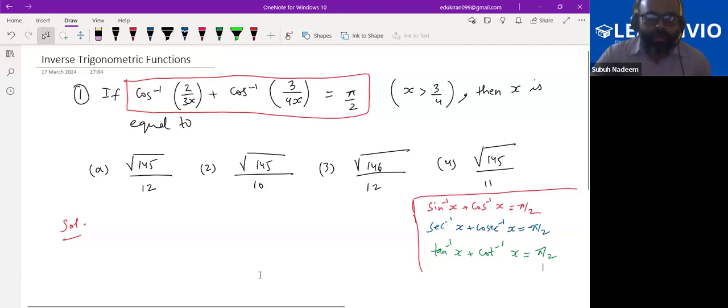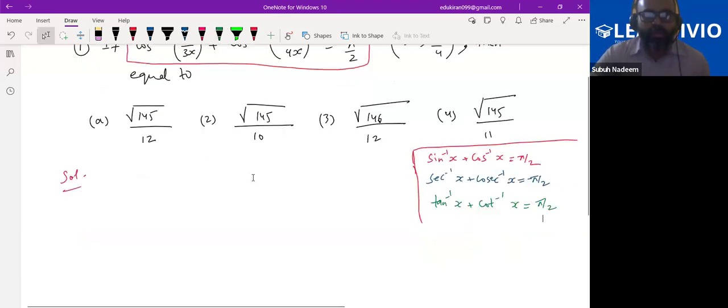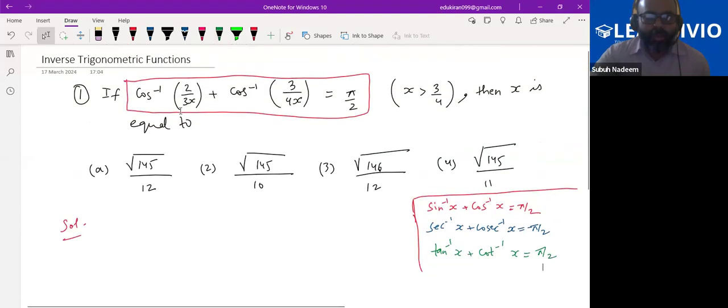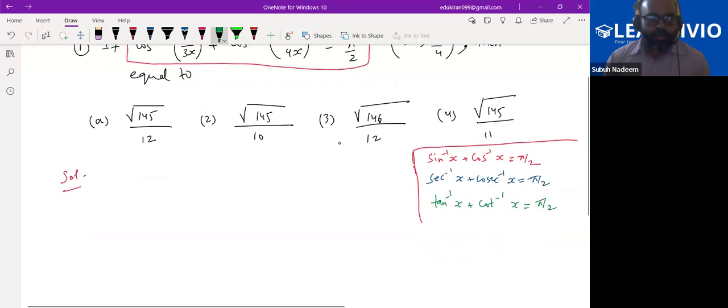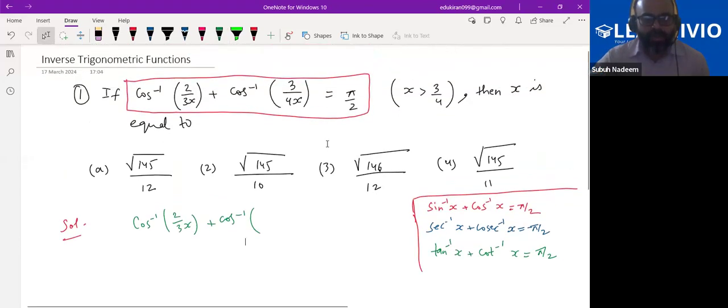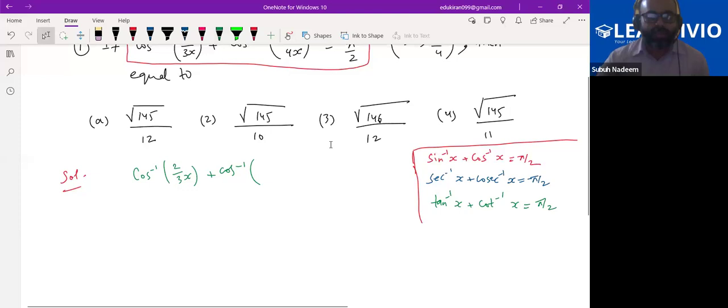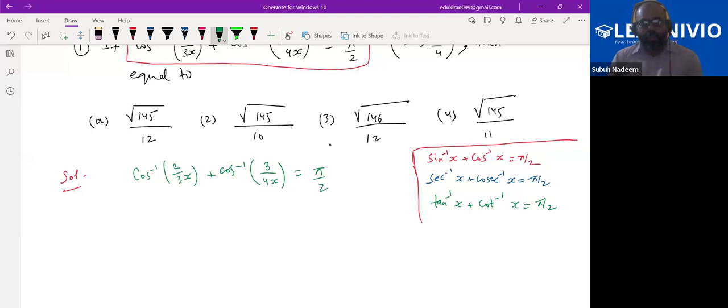Okay. So if we proceed now, it is cos inverse 2 by 3x plus cos inverse 3 by 4x is equal to pi by 2.